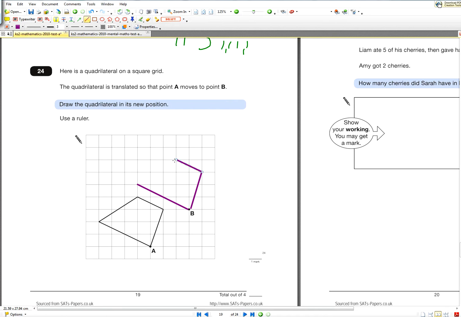Okay, you get the idea. I can't actually join it myself because it keeps grabbing at the lines, so sorry for the disconnected lines there. So it's that shape. Lovely. Next.